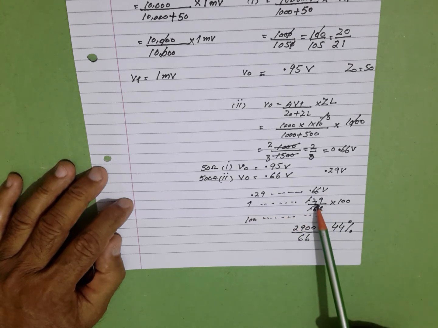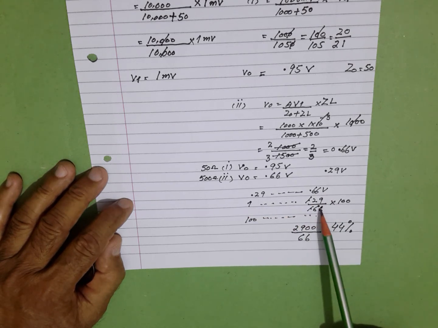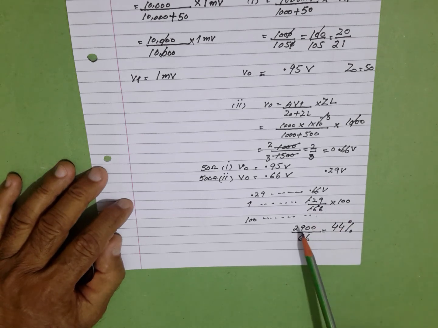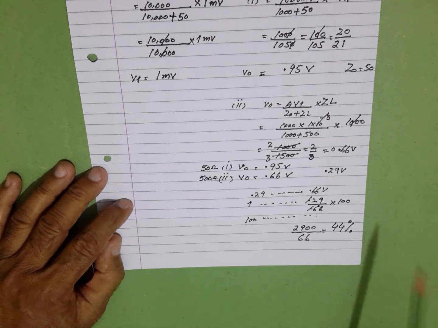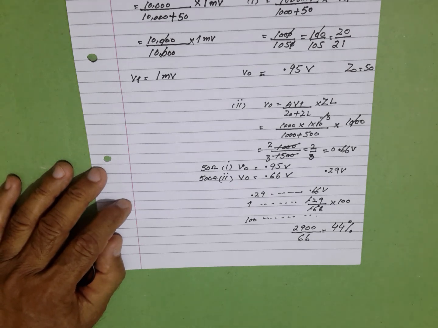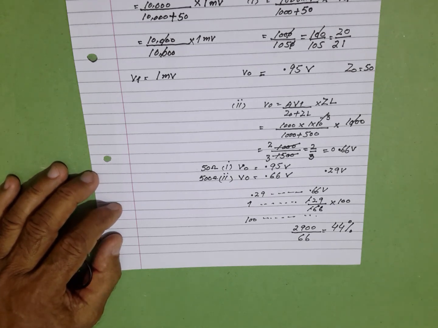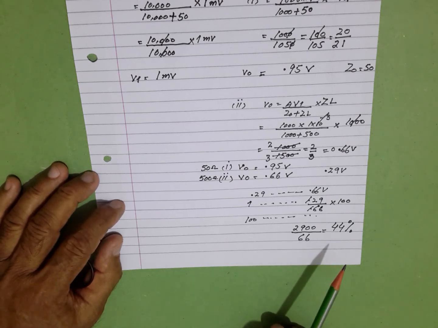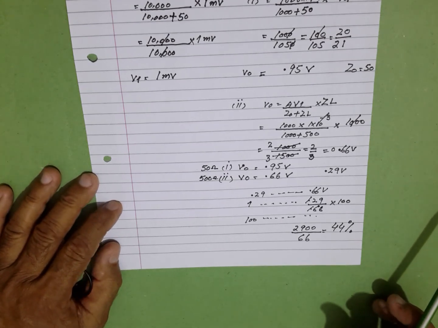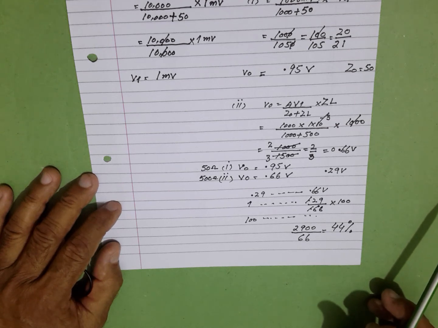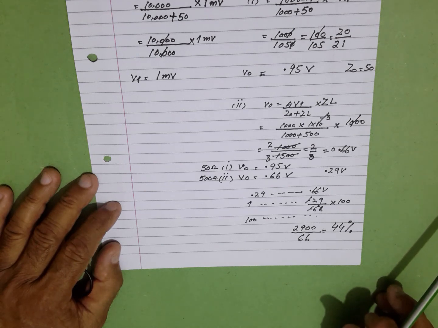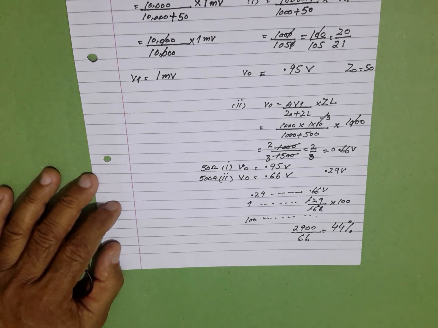For one it is 0.29 divided by 0.66 multiplied by 100. This decimal cancels with this decimal. It is 2900 by 66, and the percentage variation is 44%. We conclude that when the output impedance was increased from 50 to 500 ohms, the output voltage reduced from 0.95 volt to 0.66 volt. That means the output voltage decreased by 44%.